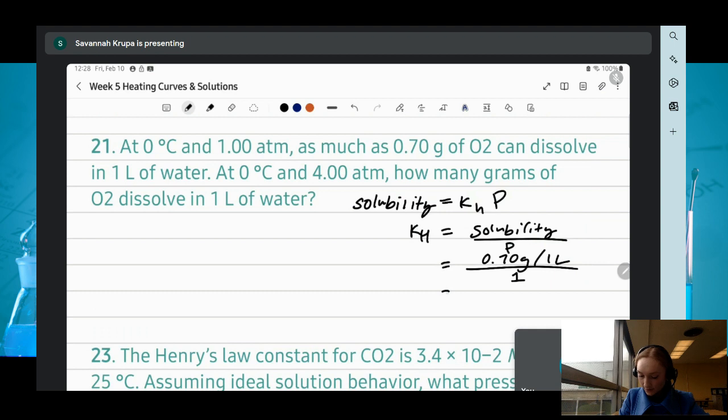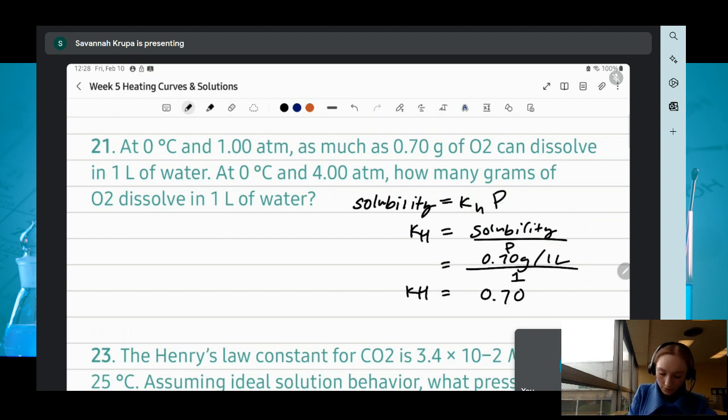And so our answer for the KH value will be 0.70. So that is our KH value. And now it says at different circumstances, at 4 atmospheres, how many grams can it dissolve in 1 liter of water? So since we're finding how many grams it can dissolve in 1 liter of water, it's asking for the solubility.